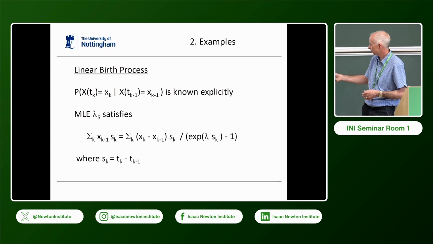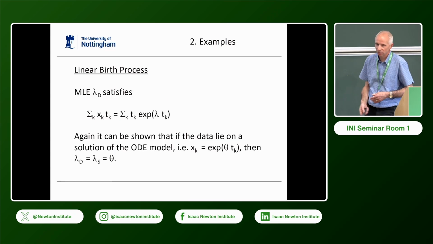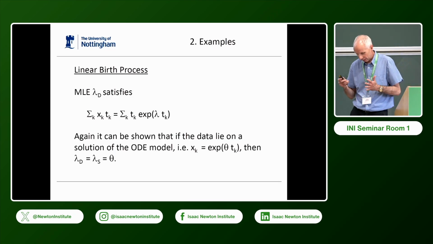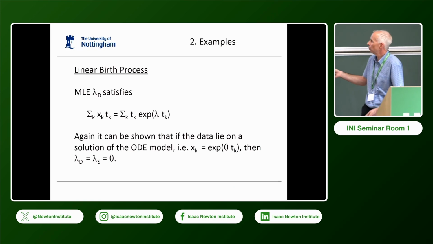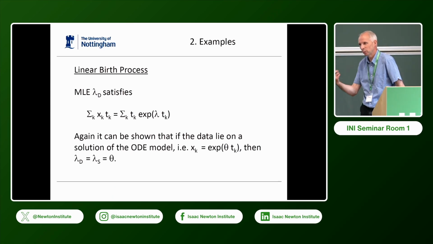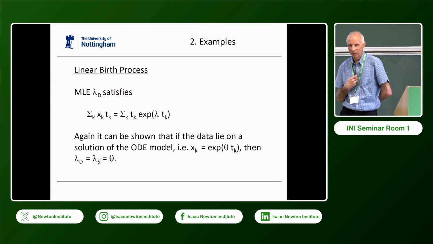On the other hand, if you do the same thing for the deterministic process, or the Poissonized likelihood in this case, you have a different equation, but guess what? You can show that if the data lie on the solution of the ODE model, then these are in fact the same. And this one is perhaps, at least to me, a bit less obvious.